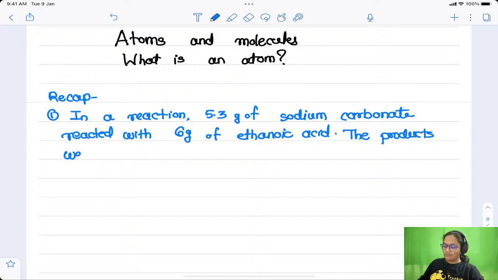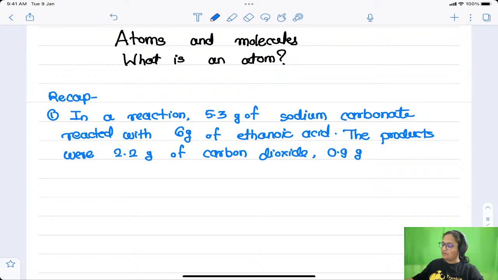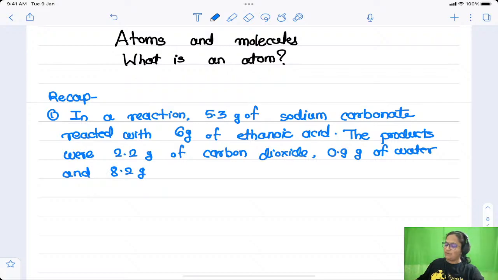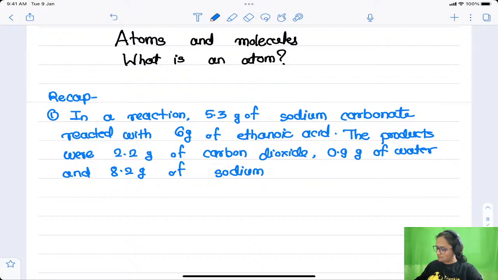The products were 2.2 gram of carbon dioxide, 0.9 gram of water, and 8.2 gram of sodium ethanoate.